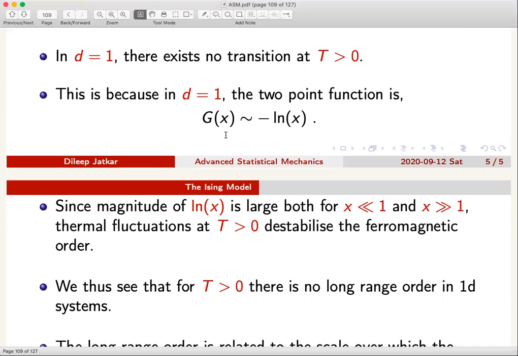So suppose I disturb the spin at origin, and I want to ask what is the effect felt at distance x. That is a correlation between the fluctuation happening at origin versus the fluctuation observed at point x. So this is a 2-point correlation, a point at origin and a point at x. This 2-point function is precisely that correlation.